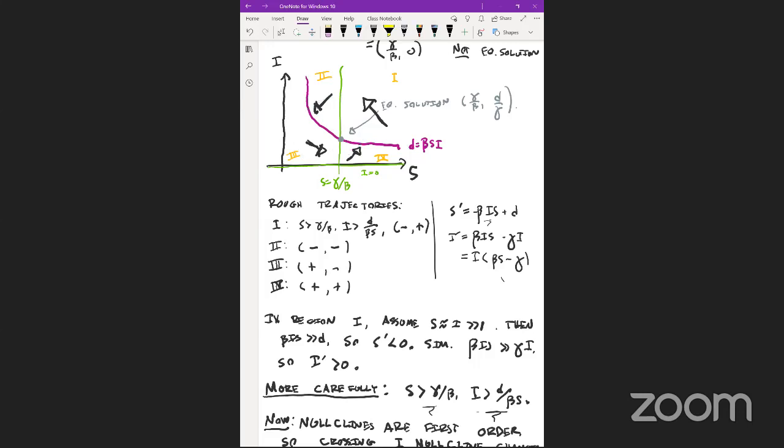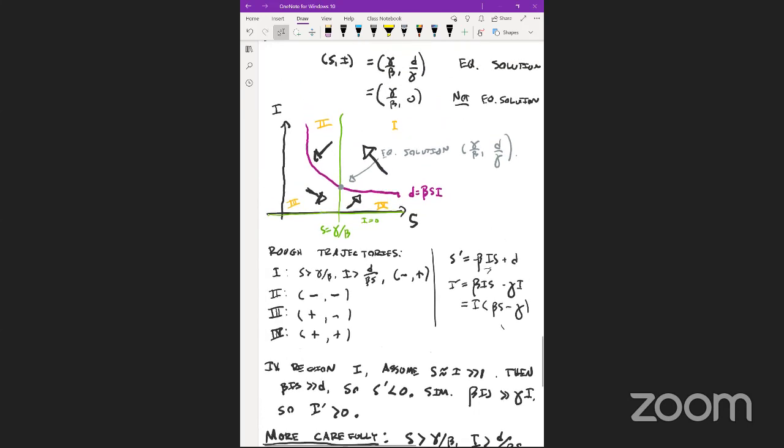We have to be careful when we cross null lines. Let me extend this just a little bit, because we could think about the regions below that are outside the model domain.